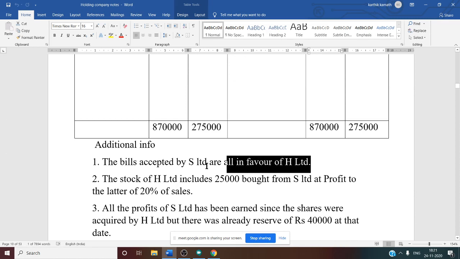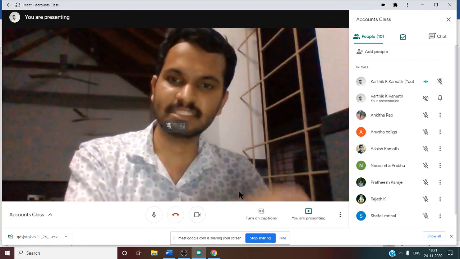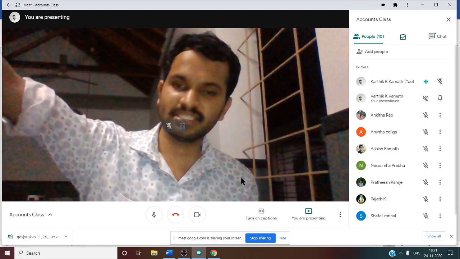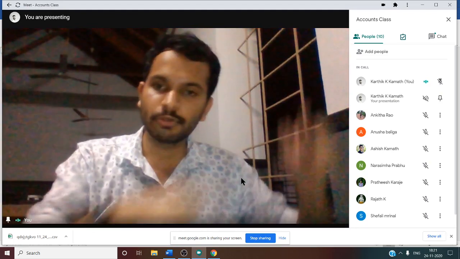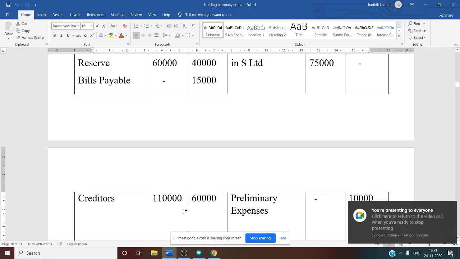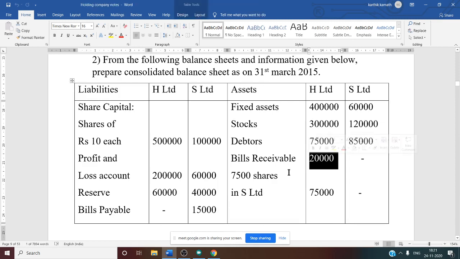The bills accepted by S all in favor of H means S Limited is going to make the payment to H Limited. They have accepted the bill on behalf of the H company, meaning they are going to pay the money to the H company. If you see the balance sheet once again, bills receivable means the amount yet to come from some other company, that is 20,000.